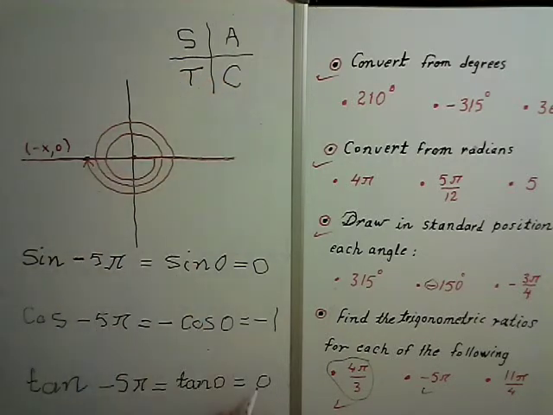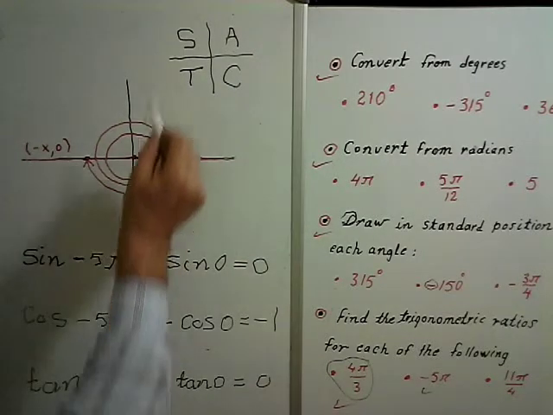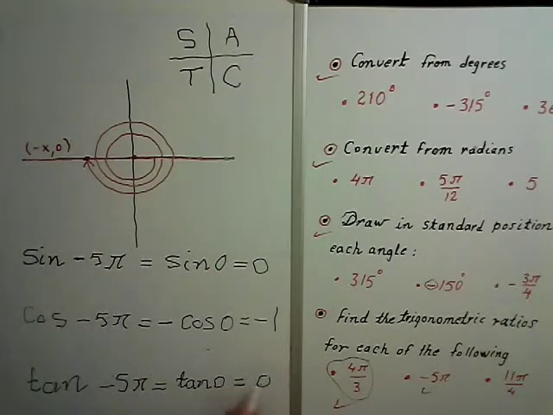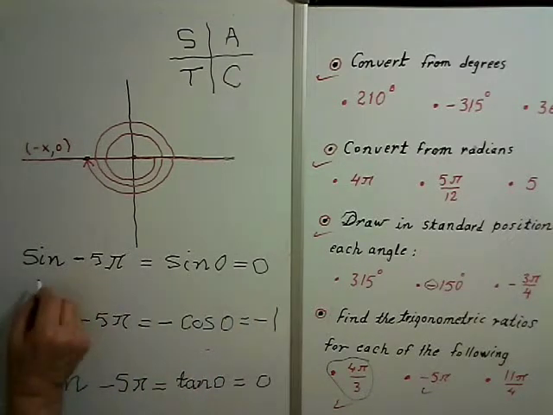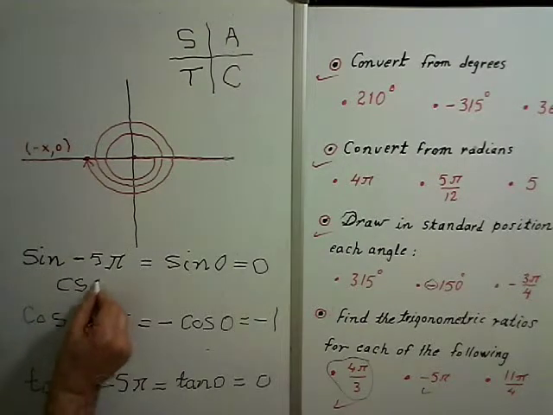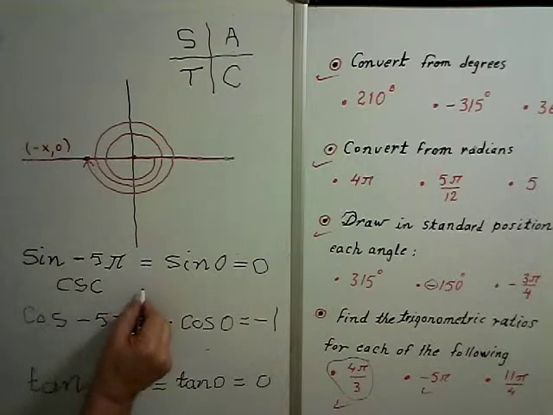But anyway, because it is just 0, it doesn't matter which sign we write here. We just write 0. Then about cosec, the inverse of sine. Cosec, unknown.